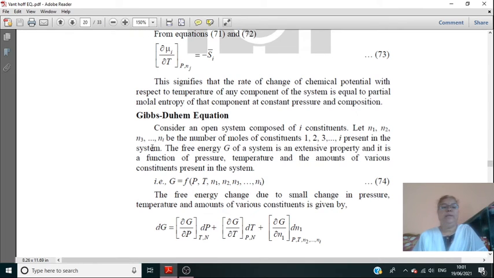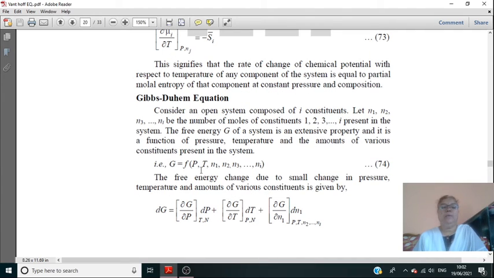Let N1, N2, N3 up to Ni be the number of moles of constituents 1, 2, 3 up to i present in the system. The free energy G of the system is an extensive property and it is a function of pressure, temperature and amounts of various constituents present in the system.